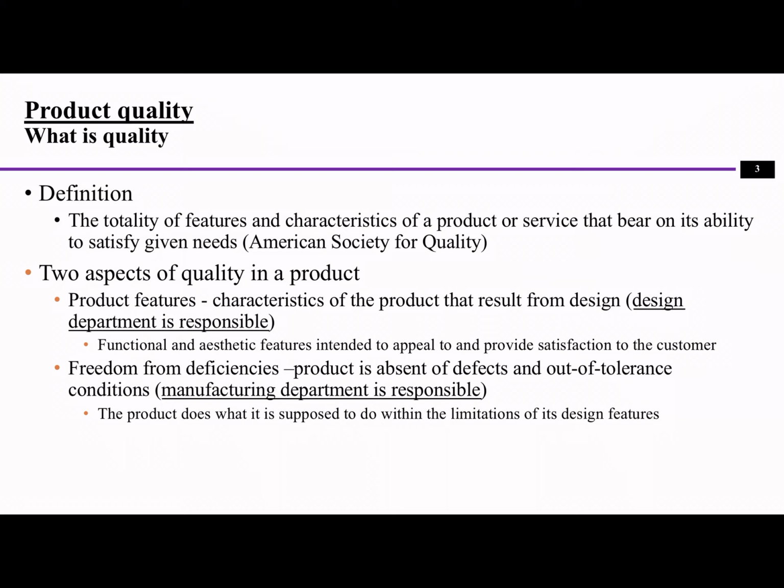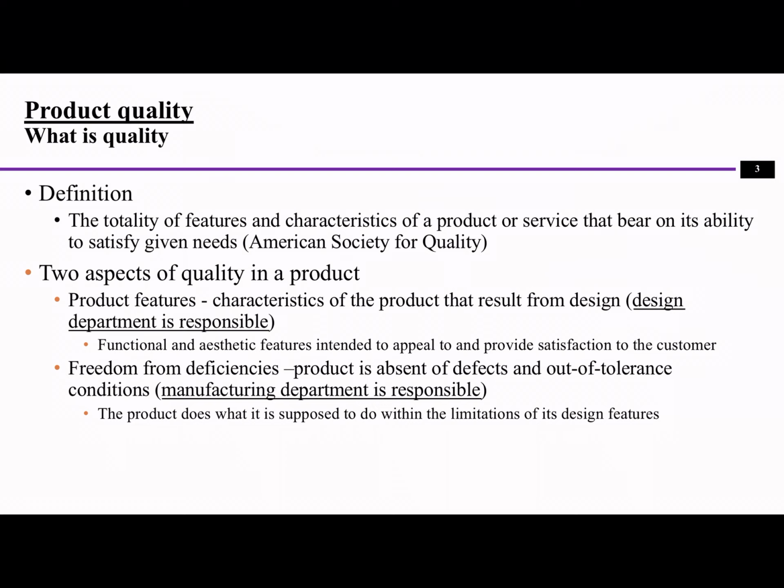the product features. The other aspect is the freedom from deficiencies. Freedom from deficiency mostly means the dimensions, or the defects from the production conditions. For example, I define the length of the phone as, say, 10 inches.